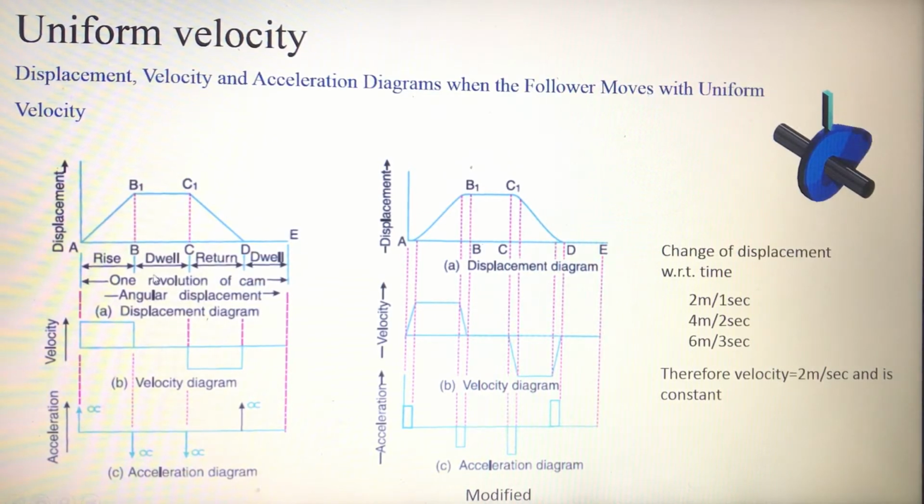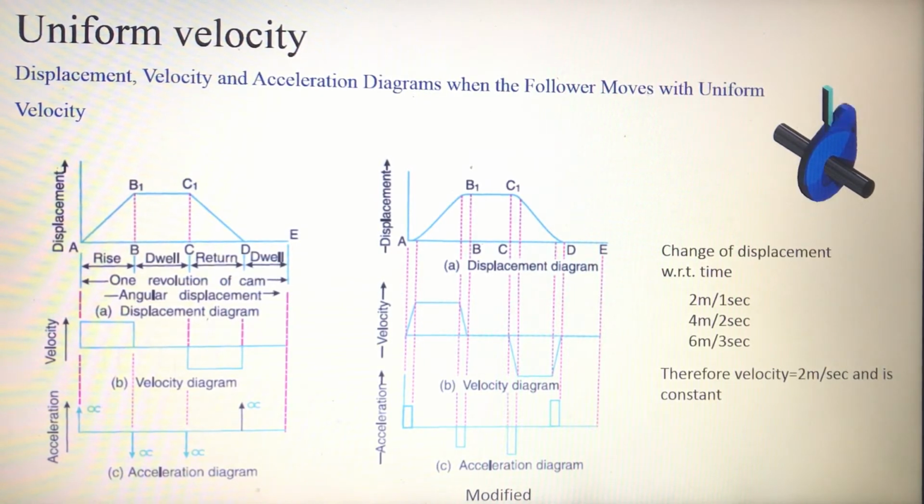Now if the velocity is constant, what happens to the displacement drawing as well as acceleration? Velocity is constant means, I'll explain like this. If there is a change in the displacement, only then do you have velocity, correct?